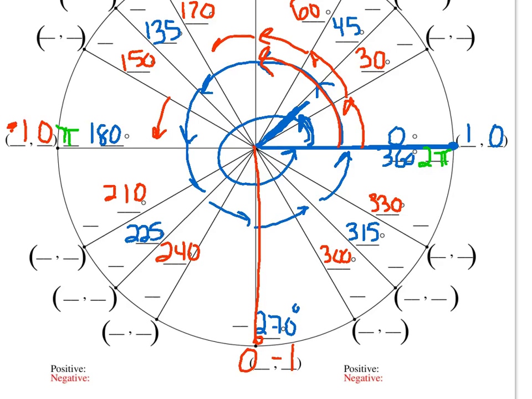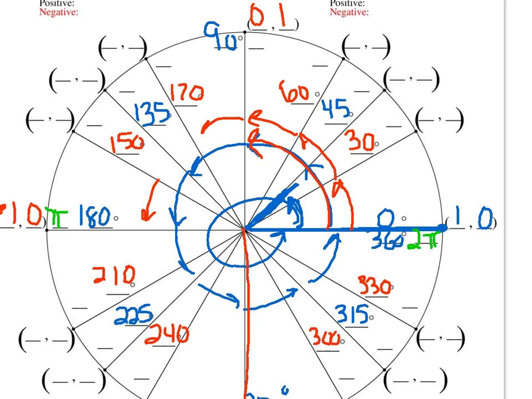Now the next piece of this is a little bit confusing, but really what you have to do is think about fractions here. If I take pi radians and I cut it in half, pi divided by 2, or pi over 2, is a fraction. This is 180 degrees, or pi radians. So if I break 180 degrees in half, that's 90 degrees, or another way to say that is pi over 2 radians.